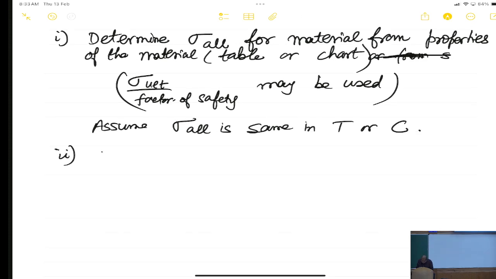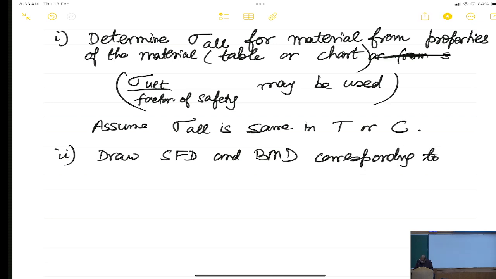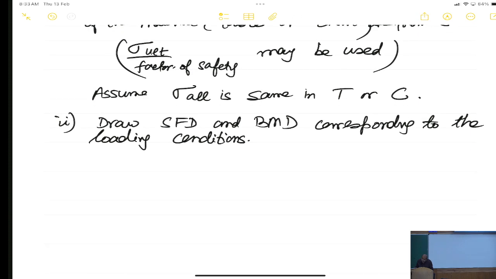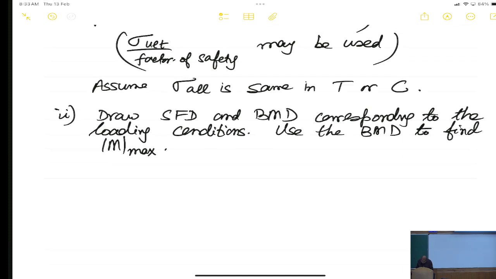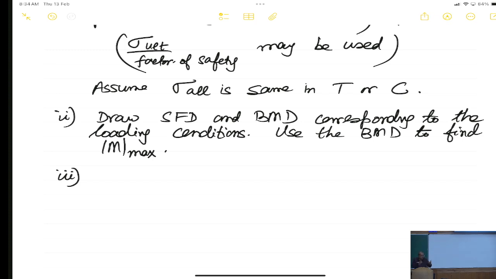And the second step will be we draw the shear force diagram and bending moment diagram, and we get the maximum value of the bending moment from the bending moment diagram.